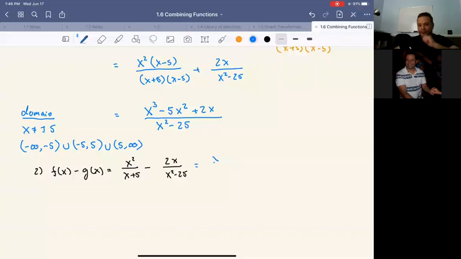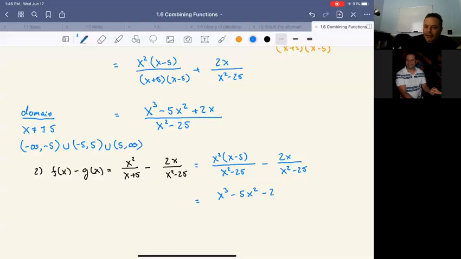So x squared times x minus 5 over, now I'm just going to write it as x squared minus 25, minus 2x over x squared minus 25. Hasn't really changed much. X cubed minus 5x squared, now minus 2x over x squared minus 25. And we're going to have the same domain.